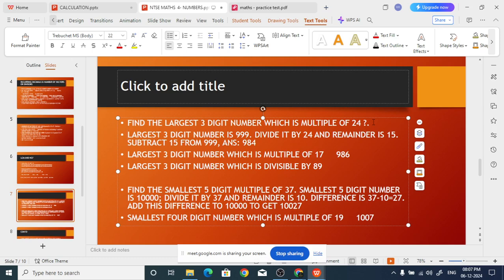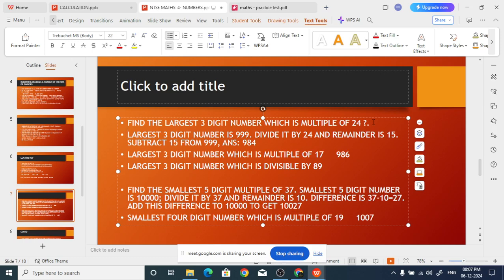What is the smallest three-digit number? 100, sir. 999 is not a multiple of 24, but when we divide 999 by 24 we get a remainder of 15. So you subtract that 15 from 999 and you get the answer 984.